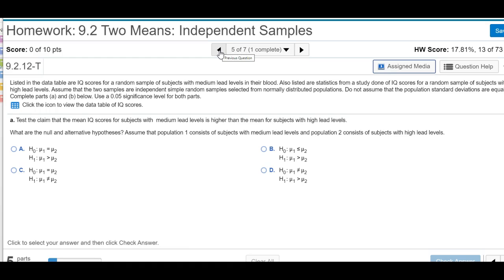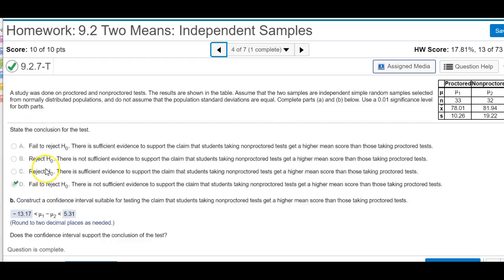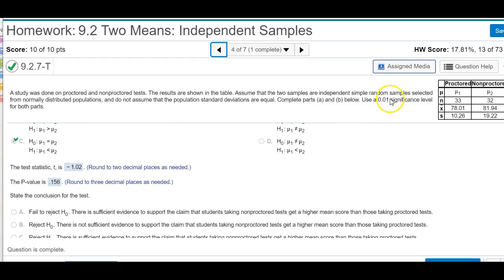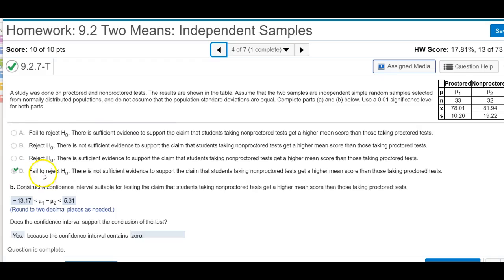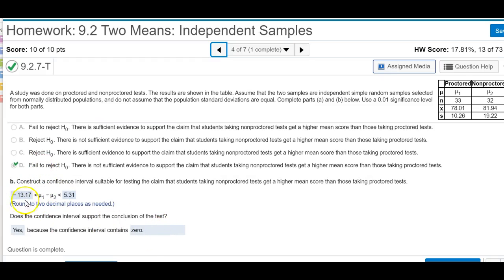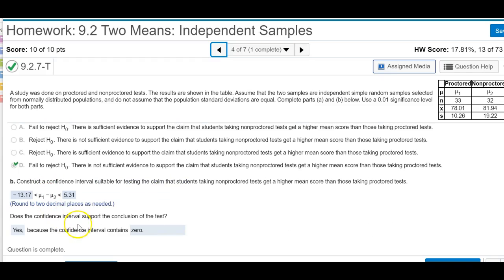If you get an example where they're both positive or both negative, it would support rejecting the null hypothesis if the p-value is less than the significance value. Here, since we failed to reject it, it does support our conclusion for the test because the confidence interval contains a 0.